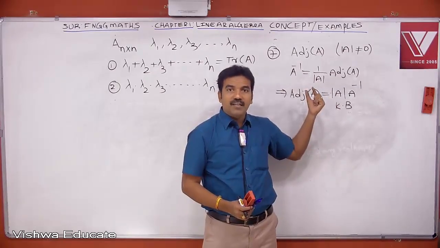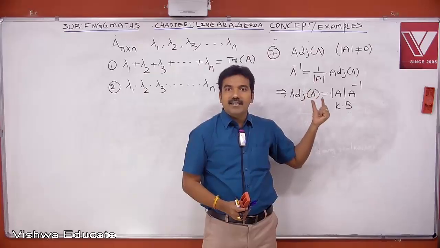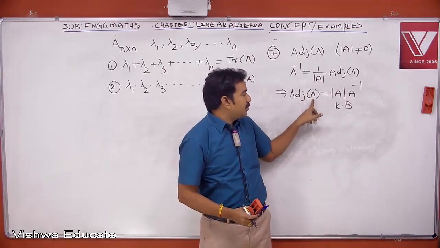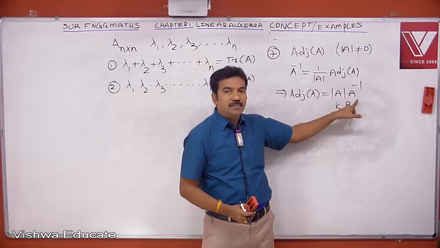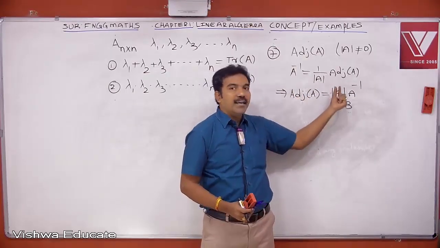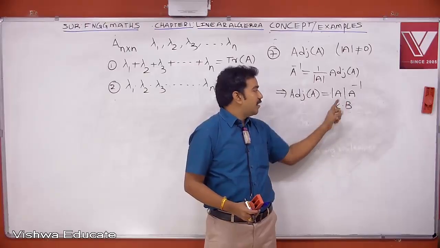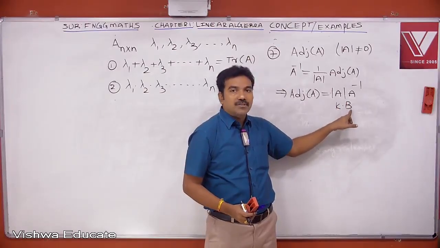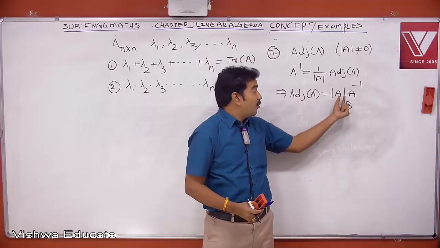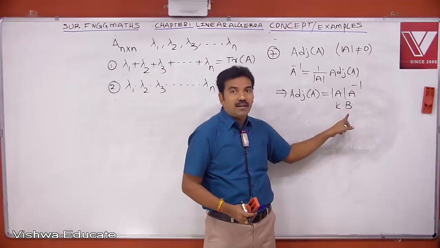So point number 7 is valid only when det A is not equal to 0. Because the adjoint of A is expressed as a multiple of A inverse, adjoint is det A times A inverse. This is in the form constant into some matrix.